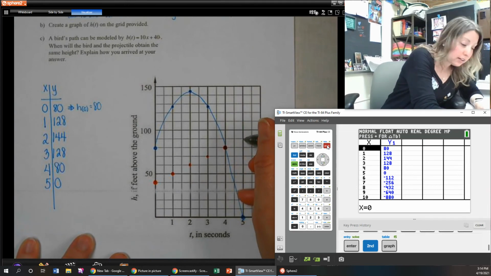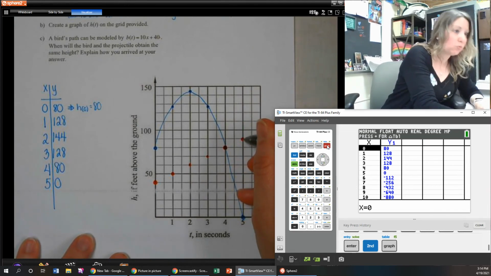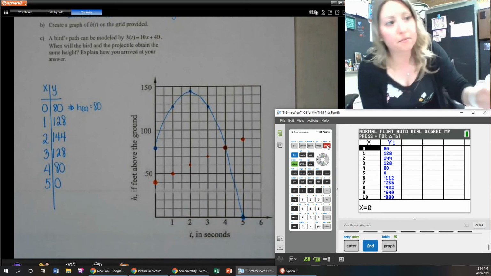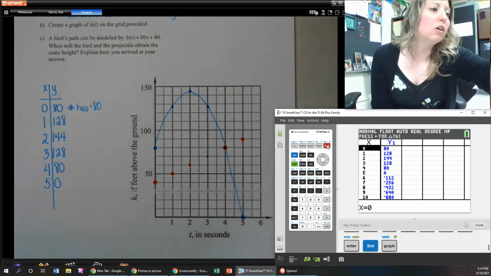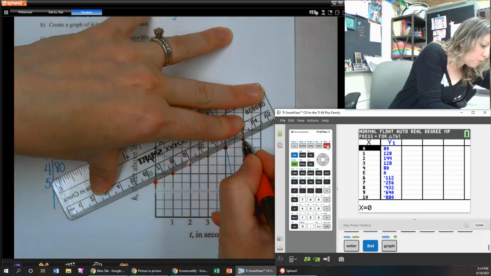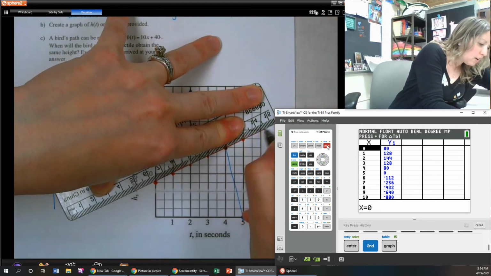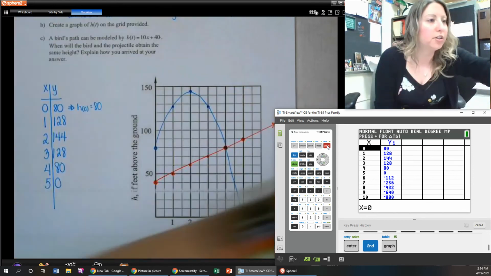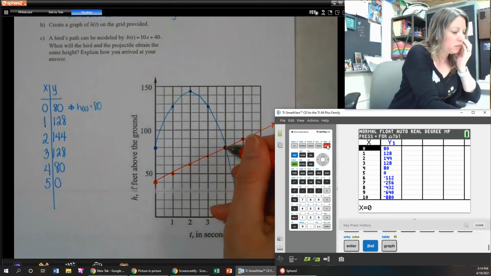Right 2 blocks is over 1, or right 1, as I say it. Over doesn't give me a proper direction. Now I've definitely got enough points to connect, and there is my flight of my bird.